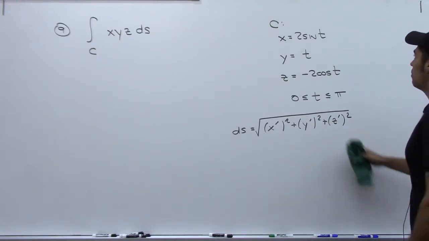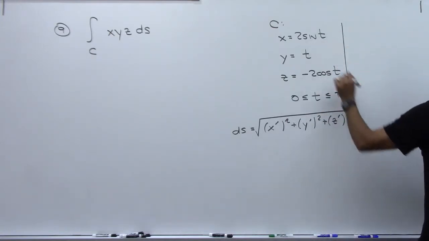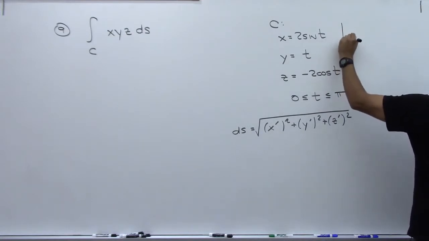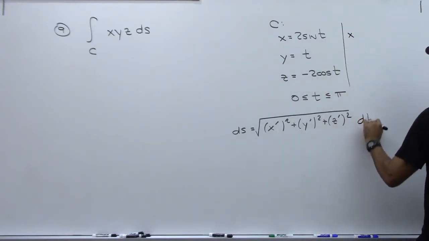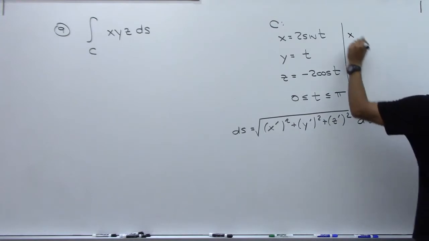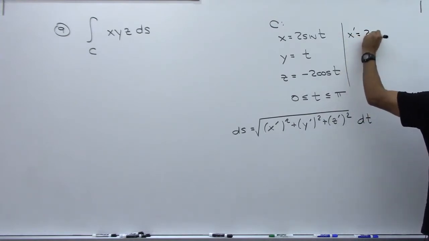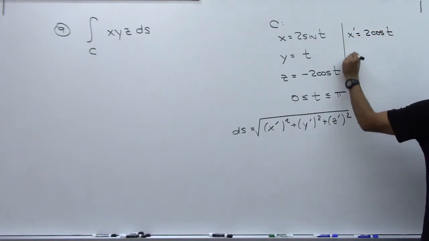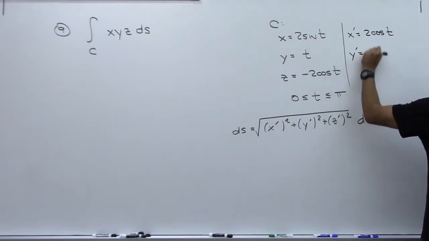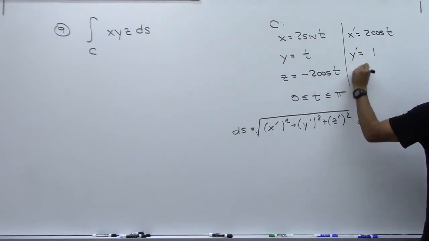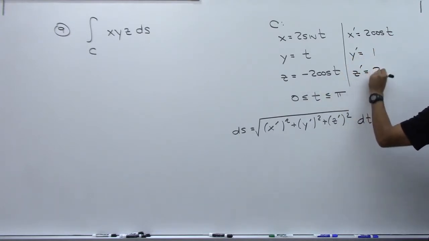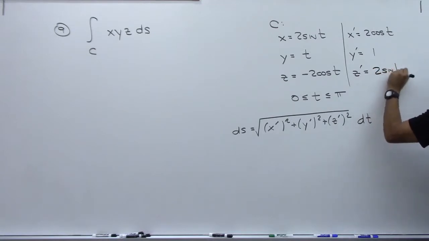So I'm going to need these derivatives. X prime is going to be 2 cosine t, y prime is 1, and z prime is positive 2 sine t.